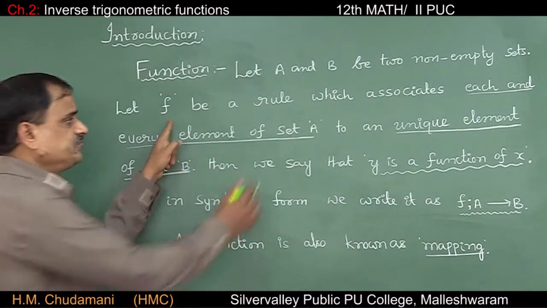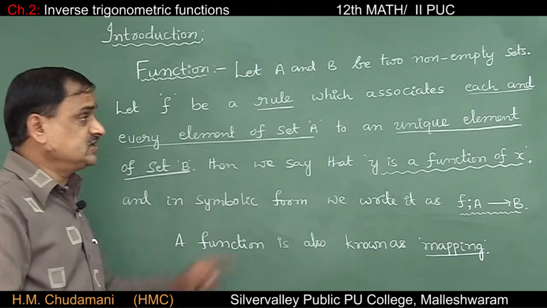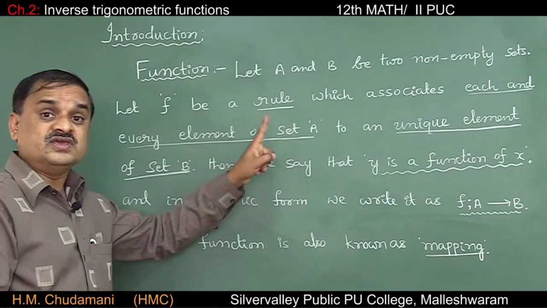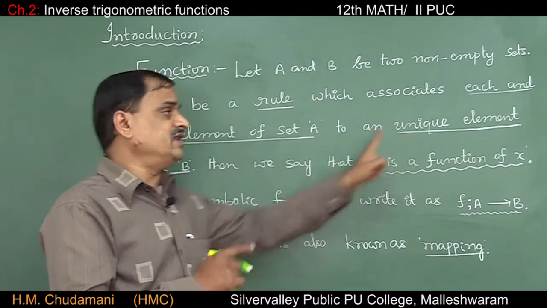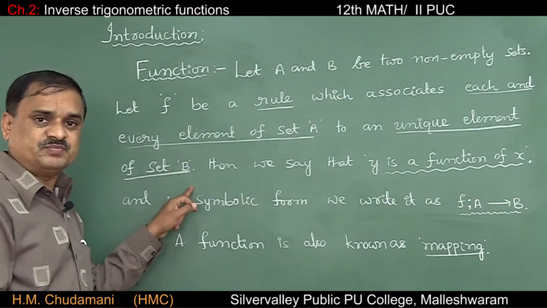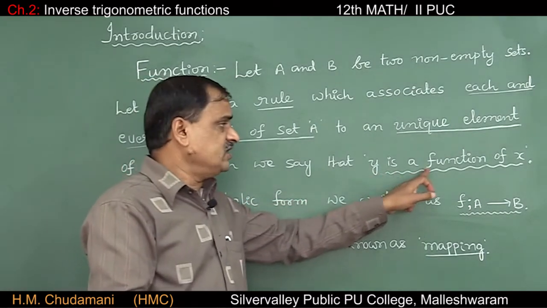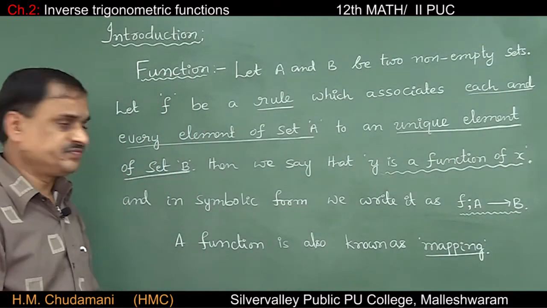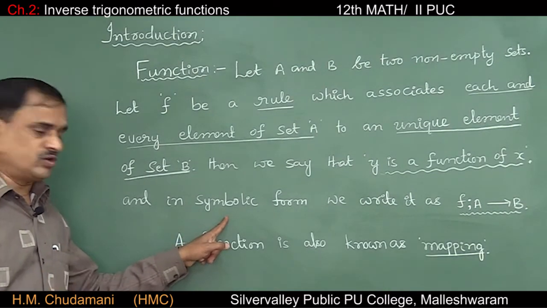Let f be a rule which associates each and every element of the set A to a unique element of set B. Then we say y is a function of x, and in symbolic form, y or f of x you can call.